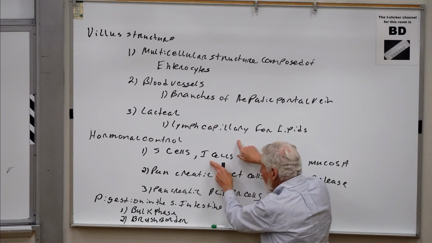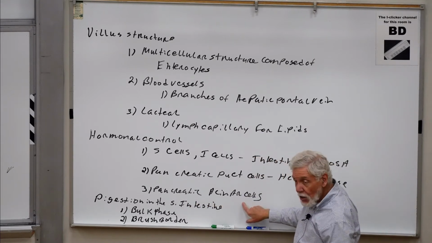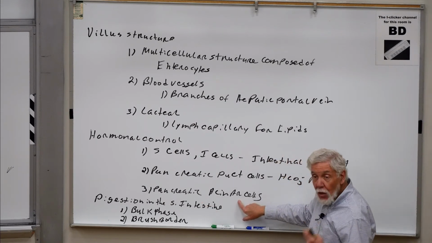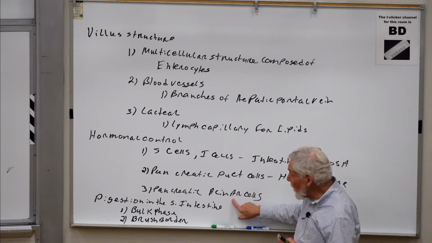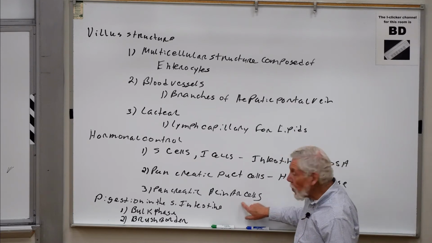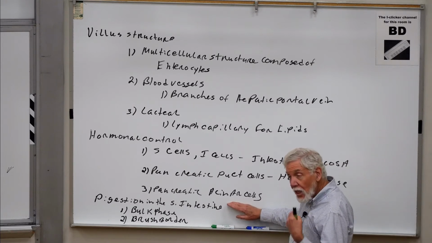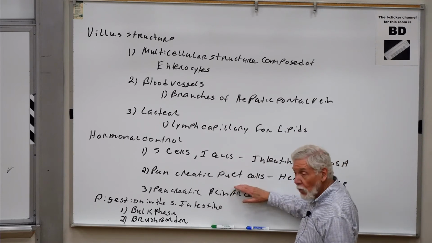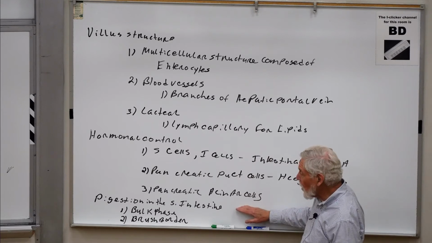The cholecystokinin, as one of its major roles, will bind to these pancreatic acinar cells, and they will then signal the acinar cells to begin releasing a variety of digestive enzymes. They'll be releasing chymotrypsinogen, trypsinogen, lipases, and amylase. So the acinar cells are involved with releasing the digestive enzymes, and the duct cells are involved with releasing bicarbonate. But these are working together to begin the process of digestion in the small intestine.